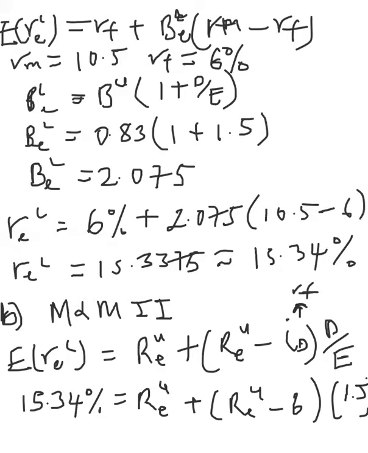When I multiply RE of U by 1.5, I have 1.5 RE of U, and adding that to the RE of U that I already have gives me 2.5 RE of U.